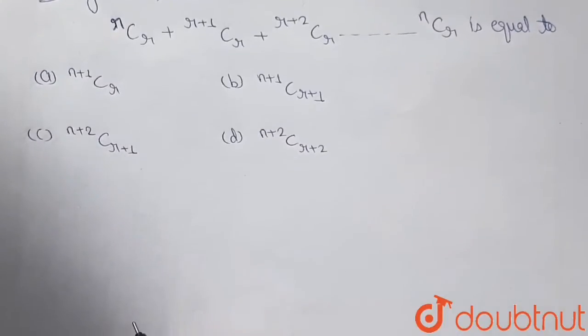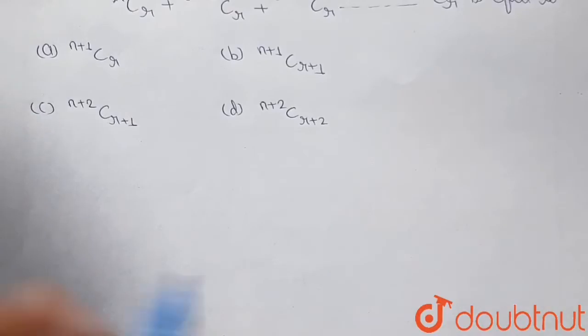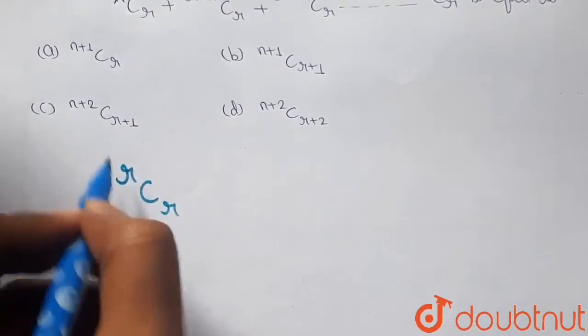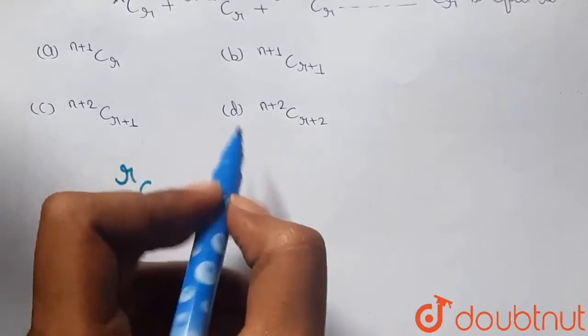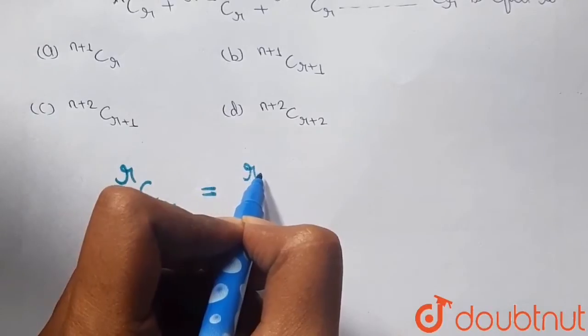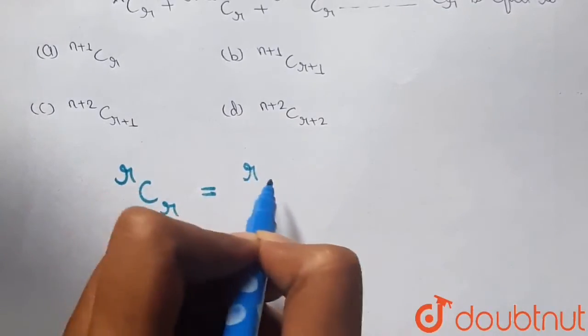Before that, I must tell you some important identities used in PNC. So the first one is, if you have rCr, then this can be written as any number. Right here I'm taking r+1, and there is a reason I'm taking it as r+1.